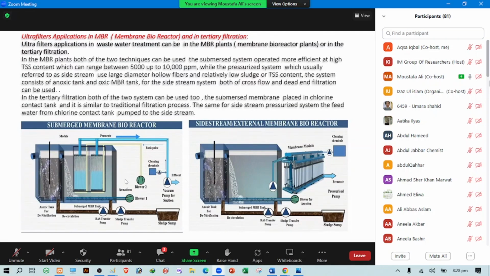In such a system, we pump the sludge out to the sludge holding tank at frequent time intervals. For example, every 15 minutes the pump operates to pump some of the liquor in this tank to the sludge holding tank.